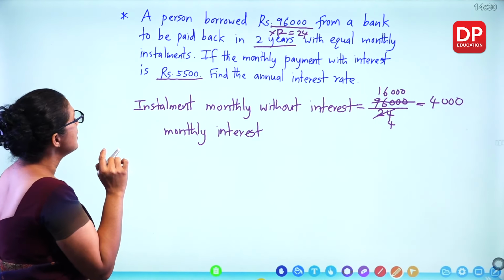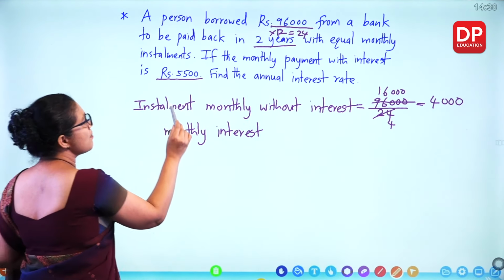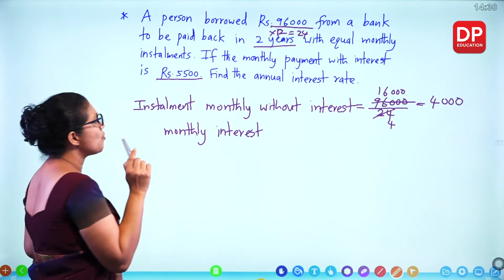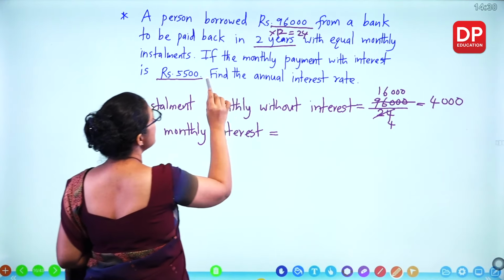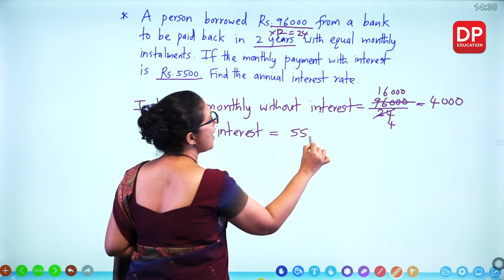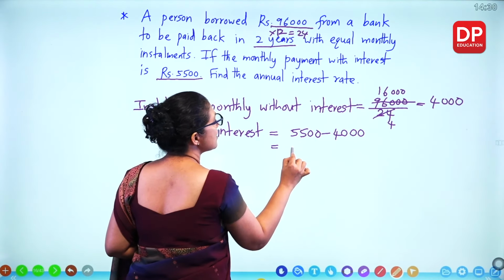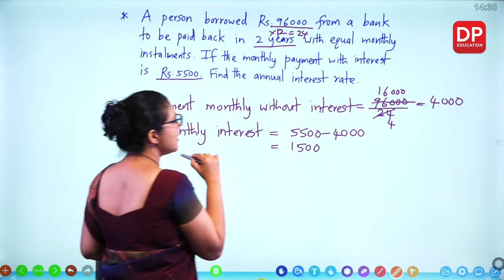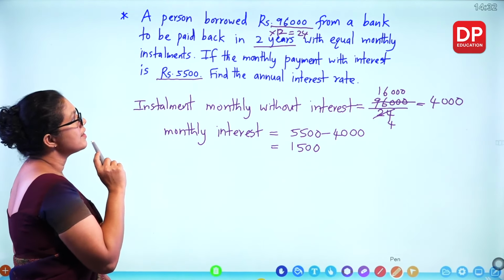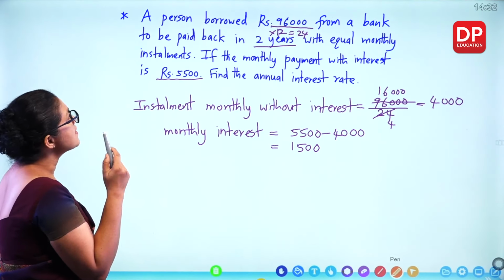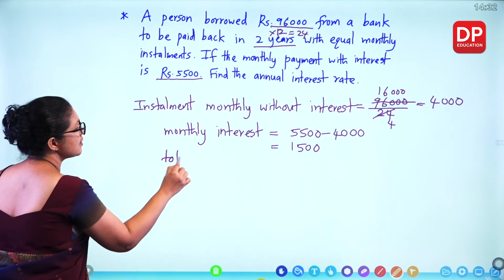Now look at the monthly payment with interest is this one, but without interest is this one. So what's the monthly interest? The difference between these two. 5,500 minus 4,000, you get 1,500. So this is monthly interest, 1,500. So how many months are there? So 24. So what's the total interest?